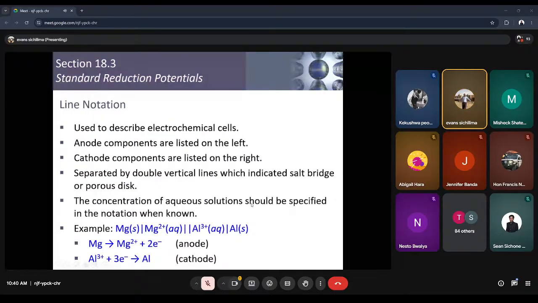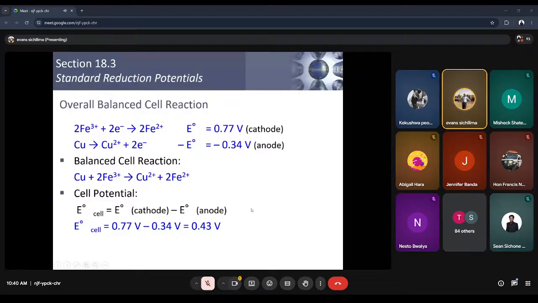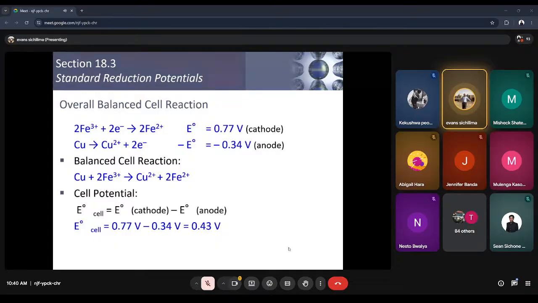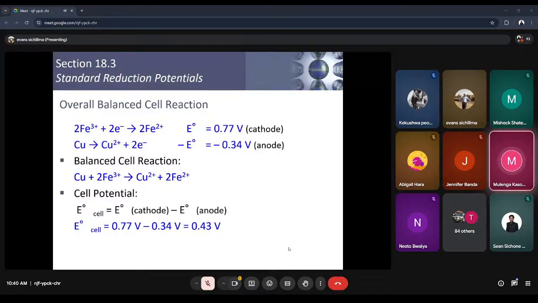Okay, let me just check here. Sir, I have a question. Yes, go ahead. On the anode there, it's negative 0.34.